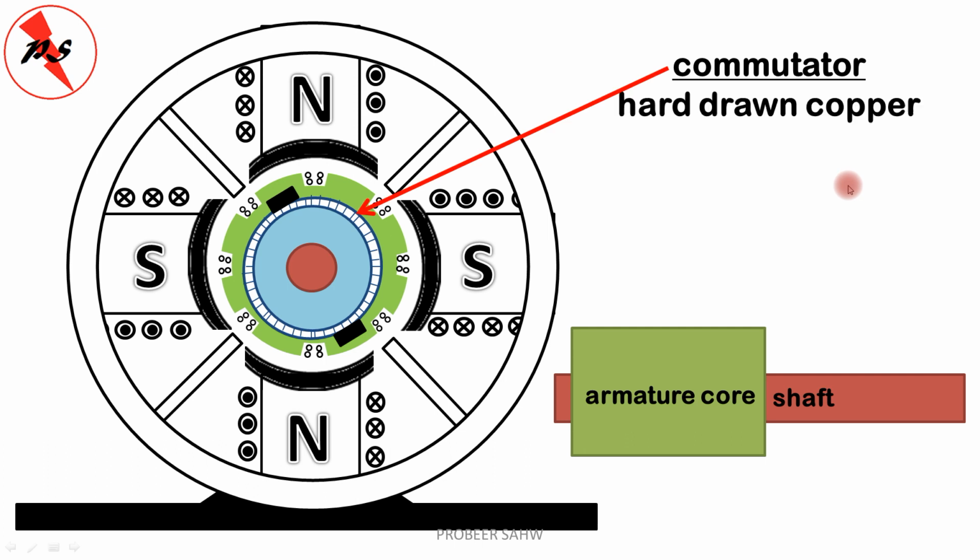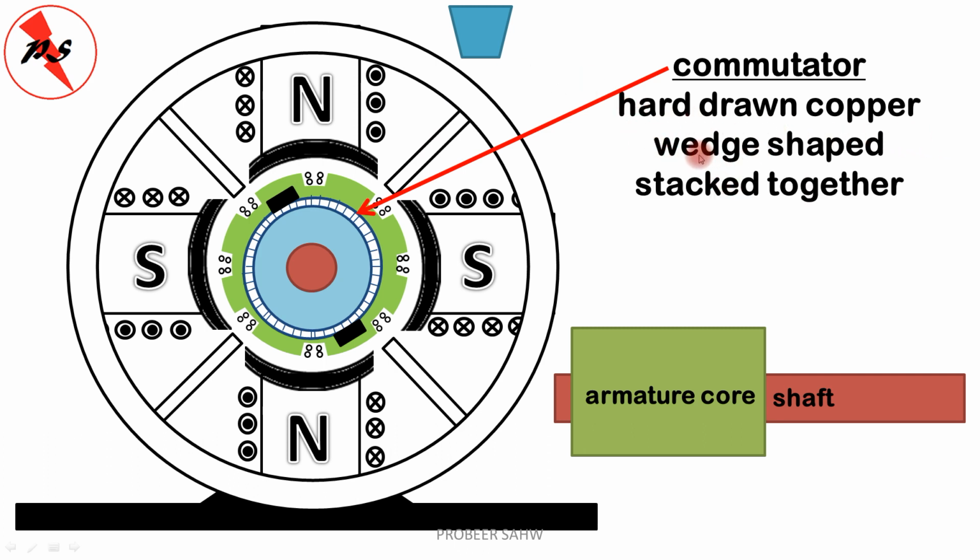Now these commutators are made up of hard drawn copper. These commutators are in the shape of wedge like this. So these commutator sections are again not single piece but made up of different sections. Each section is shaped like a wedge.